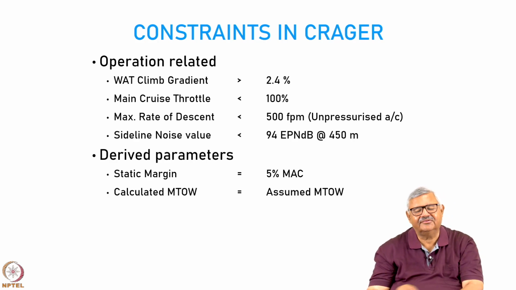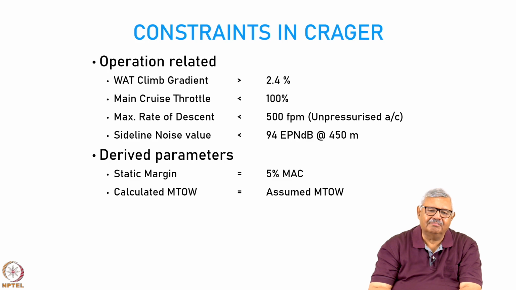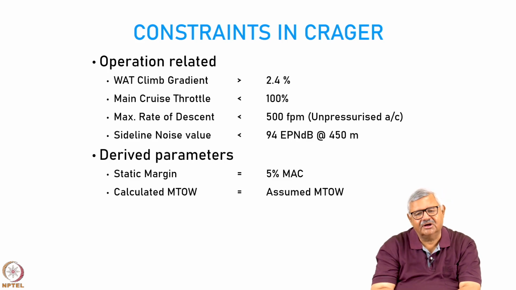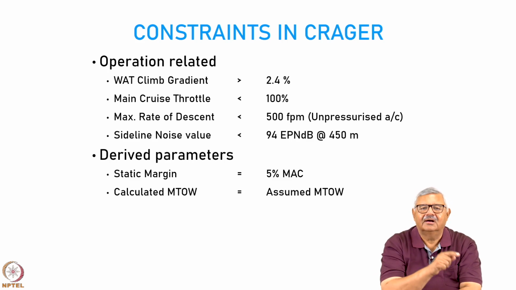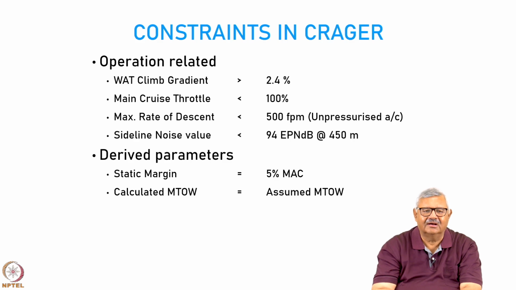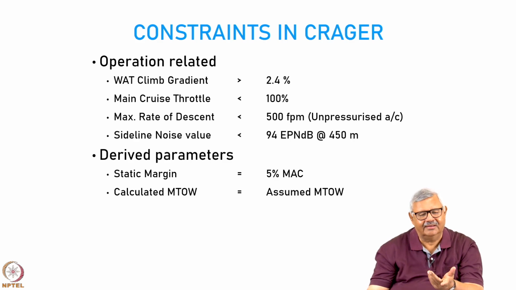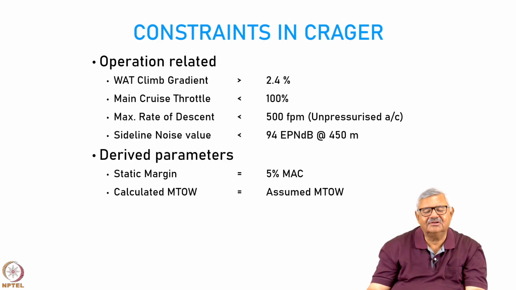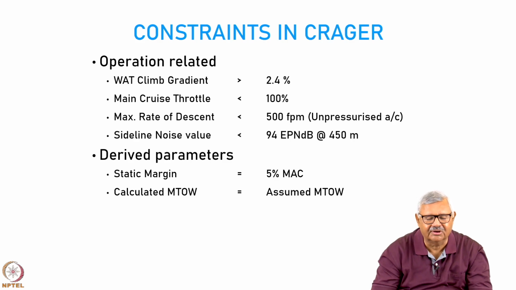Now, here are some interesting parameters. Calculated max takeoff weight should be equal to the assumed max takeoff weight. Remember, there were 4 parameters in the list of design variables, which were actually parameters that you determine and not what you specify. So, this is an interesting feature of this particular code.